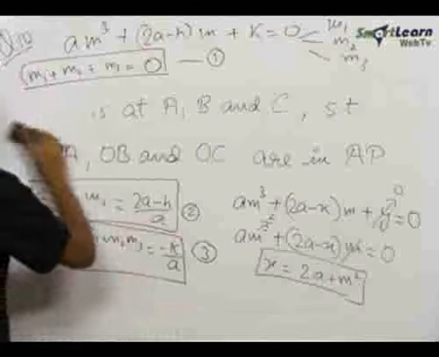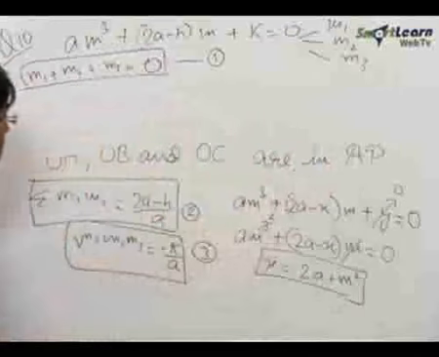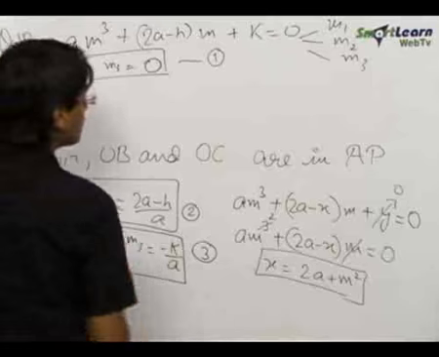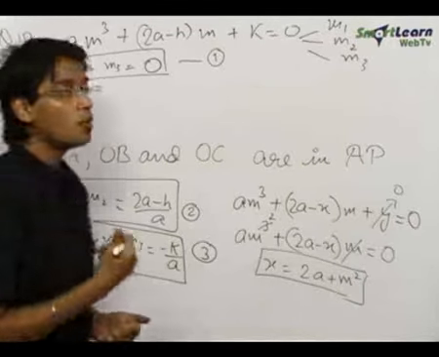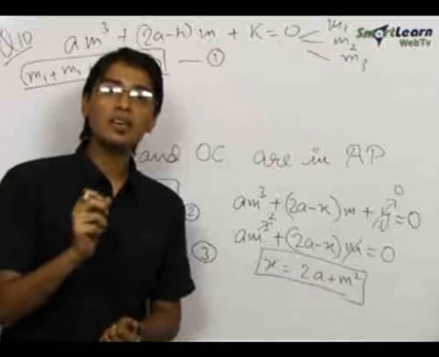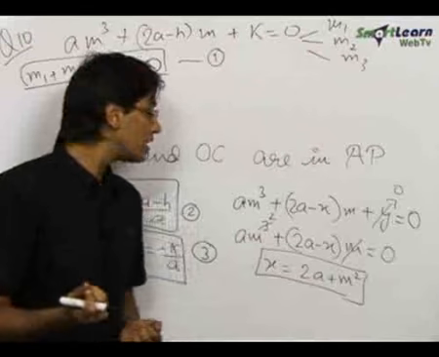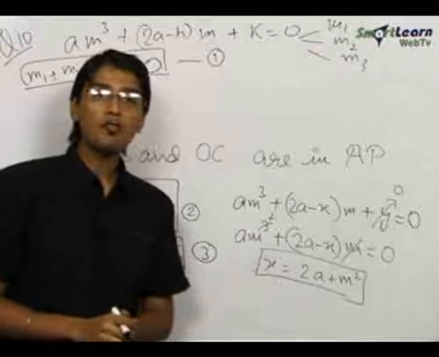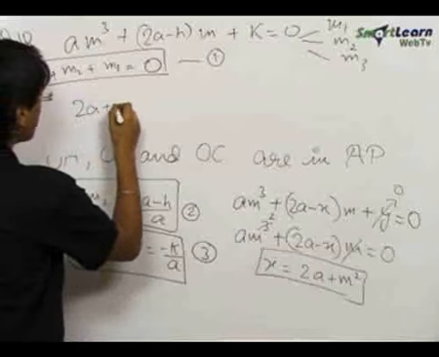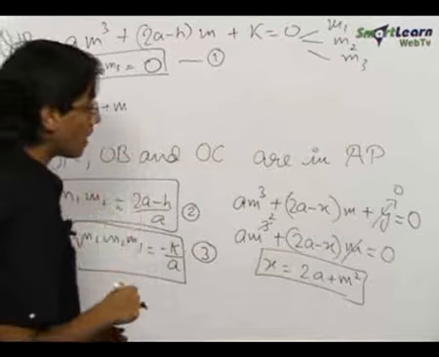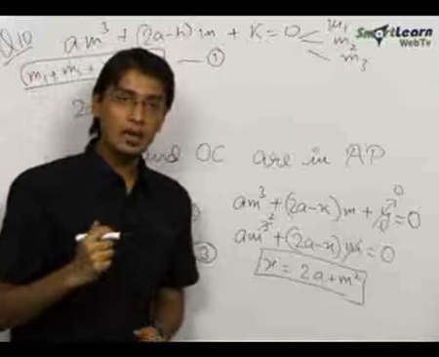Now we go on to the next information, which is OA, OB and OC are in AP. Since A, B and C are lying on the x axis, these lengths are the x coordinates of the points A, B and C. Hence 2a plus m1 square, 2a plus m2 square and 2a plus m3 square are in AP.